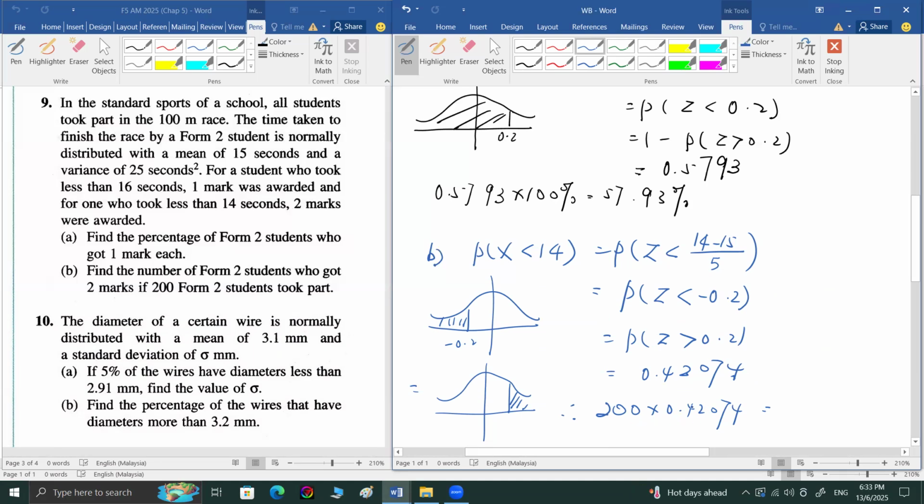So you multiply 200 times 0.42074. So I got 84. Because number of students, we make it a whole number. You don't make it decimal. Whole number. So 84.